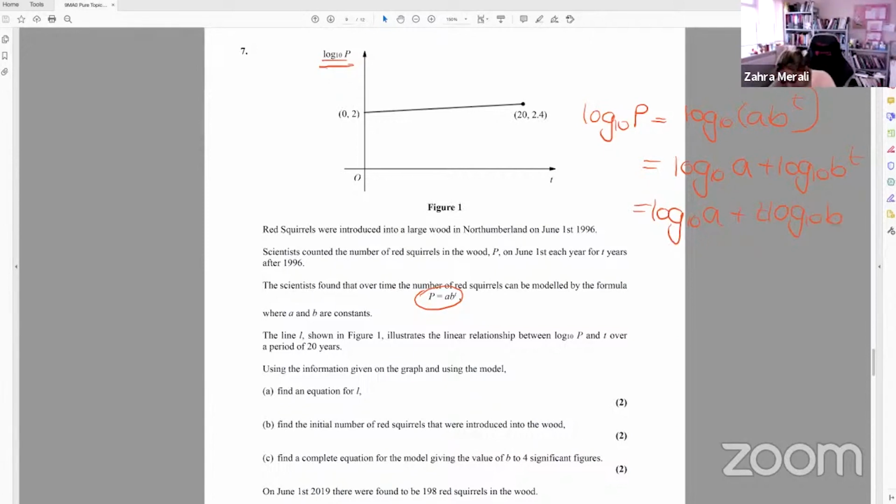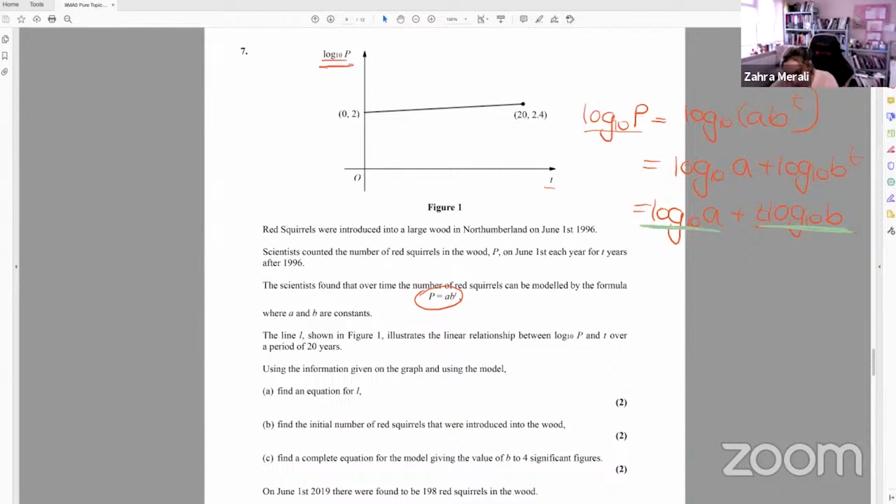So this is like my y. This is like my x, if you like. So my m, my gradient is going to be represented by log 10B. And my plus c is going to be represented by log 10A. So I can see straight away that my plus c is 2.